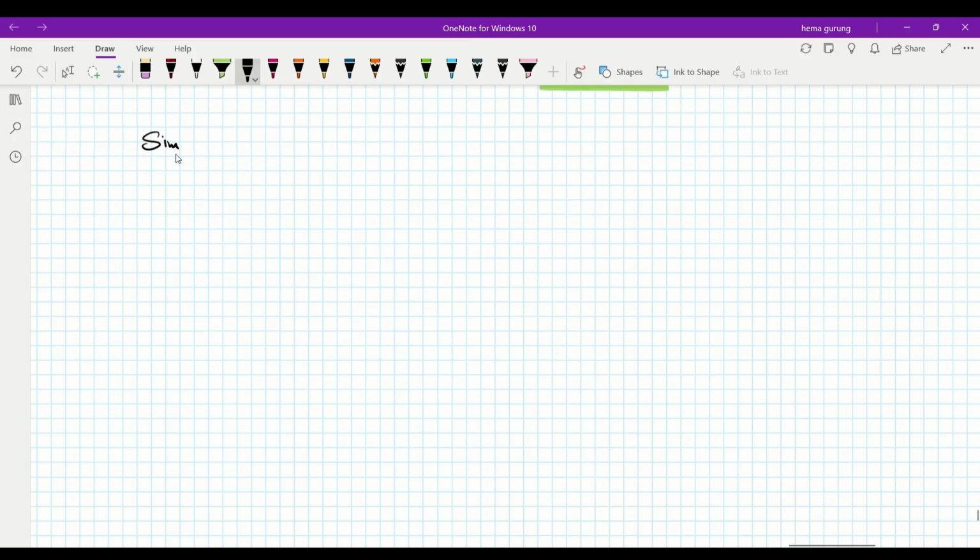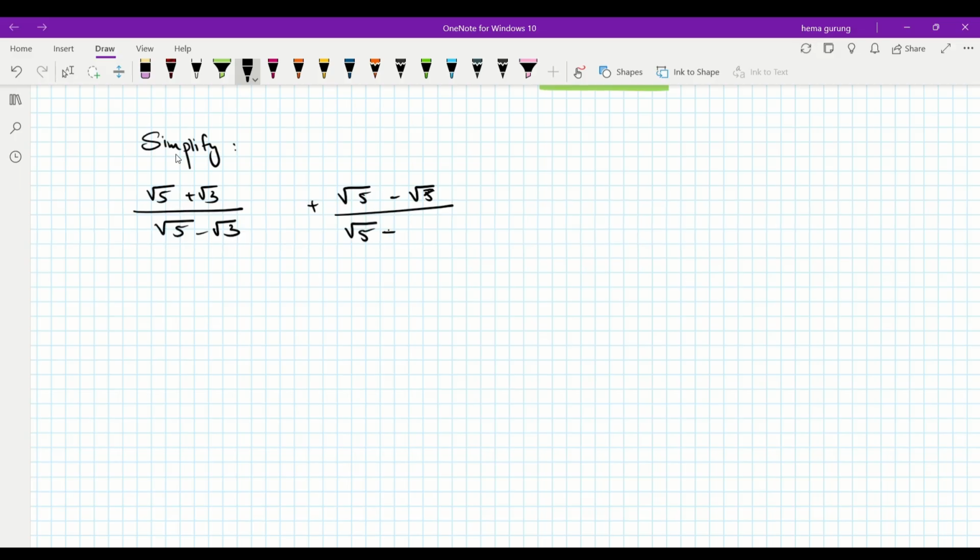Now we have the next one. Simplify root 5 plus root 3 divided by root 5 minus root 3, plus root 5 minus root 3 divided by root 5 plus root 3. Now if you see, it's like that only, but here we have two terms, the first one and the second one.